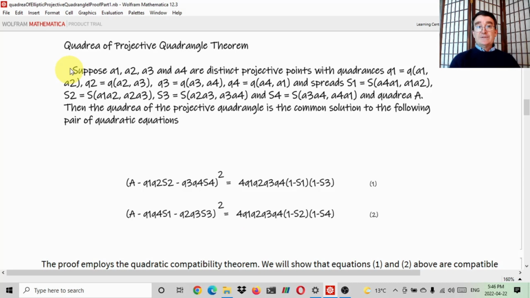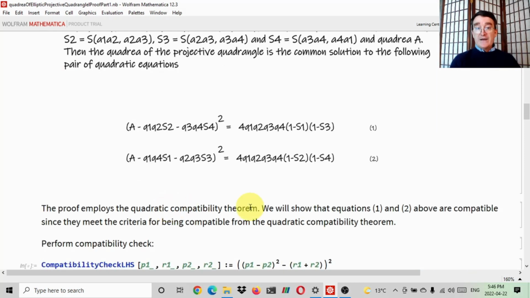So the proof of this theorem, the quadrea of the projective quadrangle theorem, employs the quadratic compatibility theorem. So we show that equations 1 and 2 above are compatible since they meet the criteria for being compatible by the quadratic compatibility theorem.